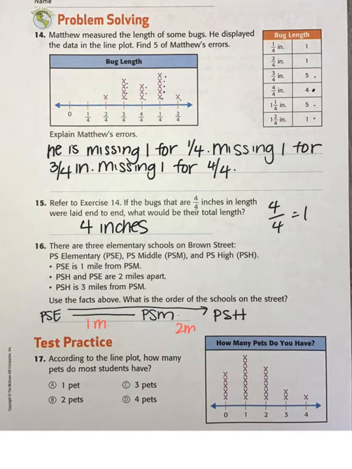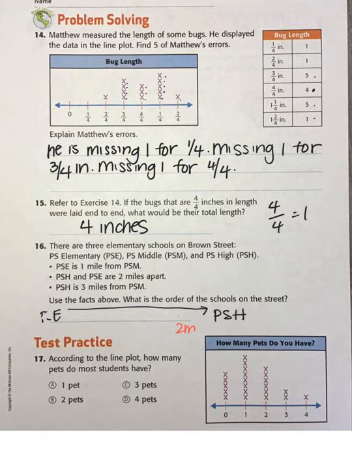Okay, so that means that this is not going to work because here I only have 2 miles. So if I need for the PSE and PSH to be 2 miles apart, but I also need for the middle school to be 1 mile away from the elementary school, it's going to have to go the other way. So I'm going to erase this one here.